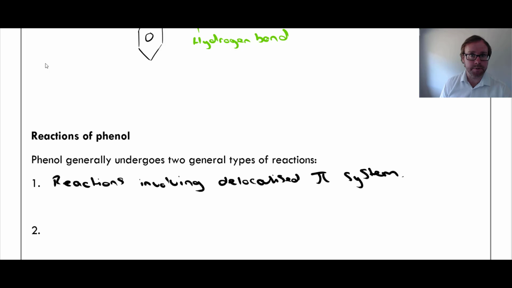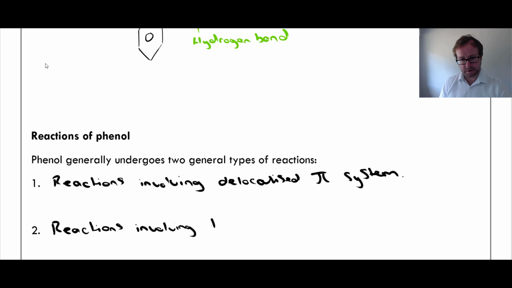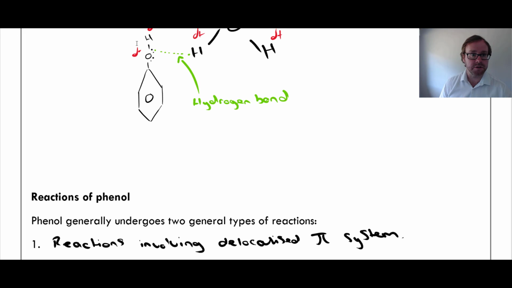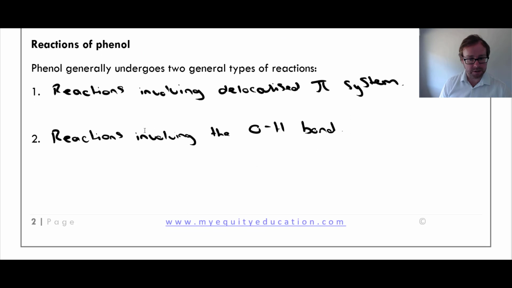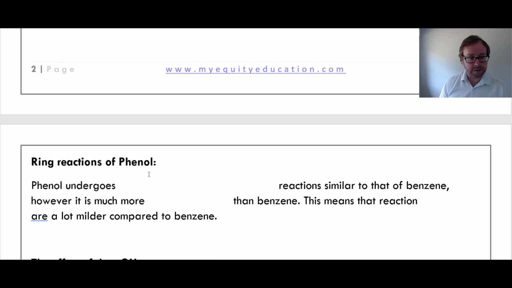This is the circle in the middle of the benzene, well, the phenol, remember. And two, reactions involving the OH bond. So we've got two types of reactions. One involving the OH bond and one involving the delocalized pi system. We will start with the ring reactions of phenol.